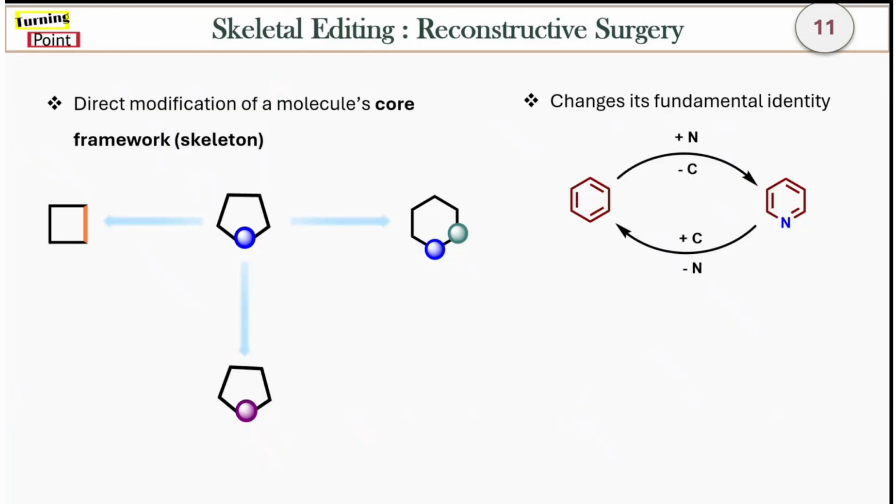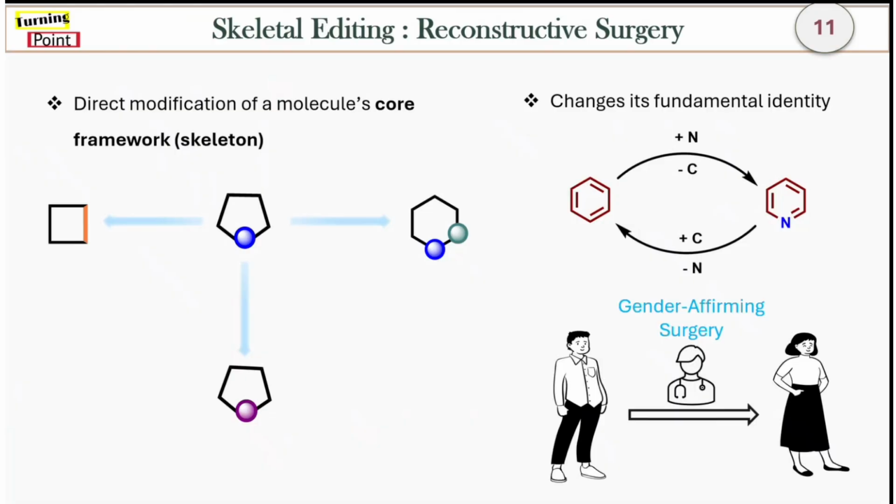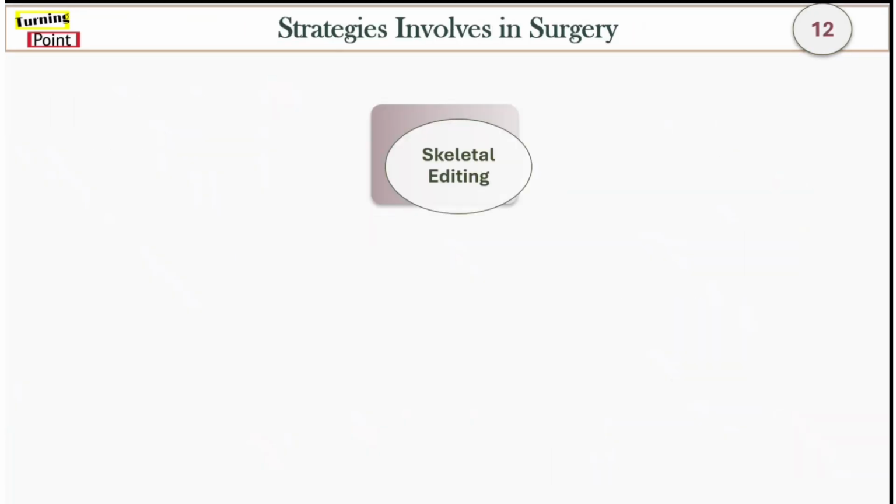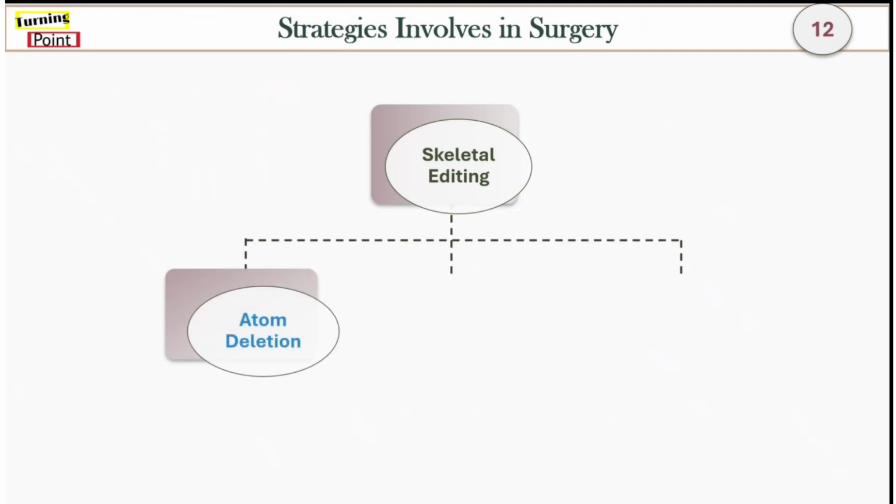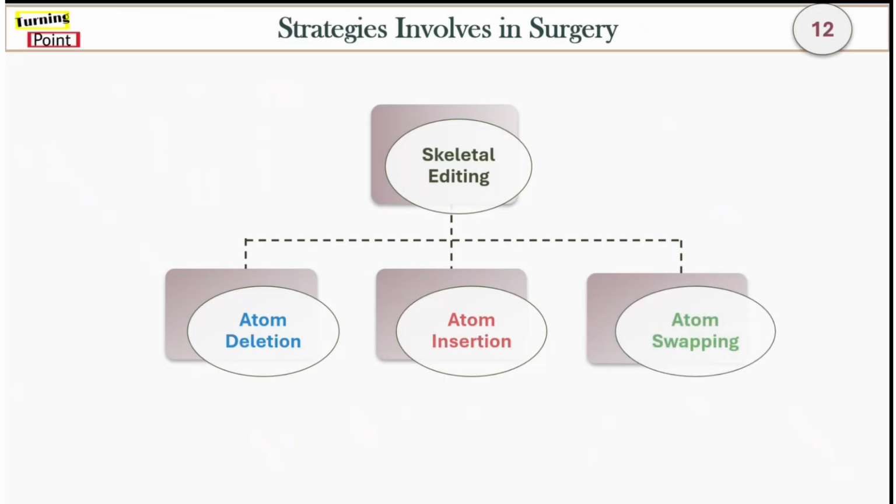Benzene and pyridine both have different identities. Both are not the same. Or in a real-life example, we can say it is just like a gender affirming surgery, which leads to a change in the identity of the person. So in this editing, there are three strategies involved. First one is atom deletion, second one is atom insertion, and third one is atom swapping.